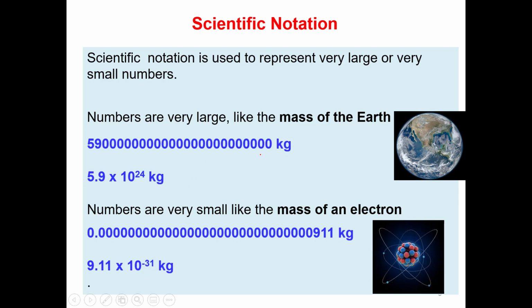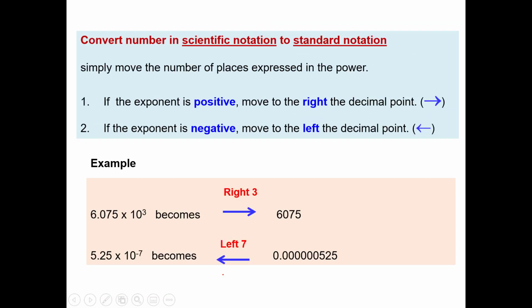It's easier to write numbers in scientific notation, as they are easier to handle than standard notation when we have a really large number or a really small number. Now we will do the opposite.